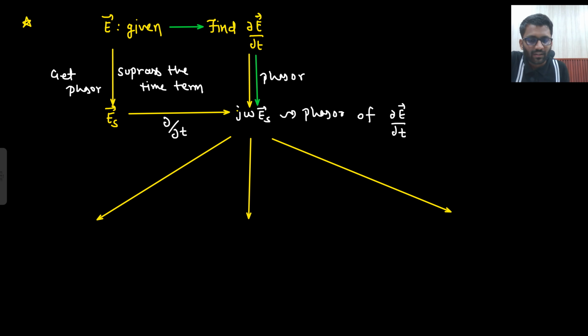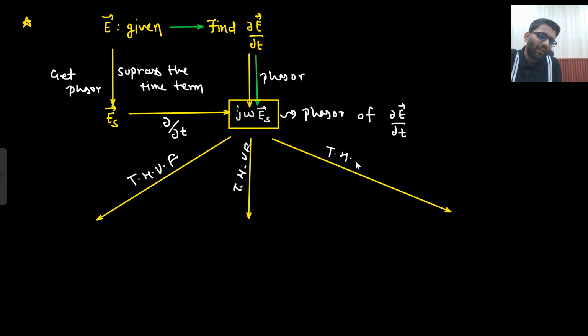Now from this phasor, I need my time harmonic vector field. So from phasor to time harmonic vector field, how do you get that?